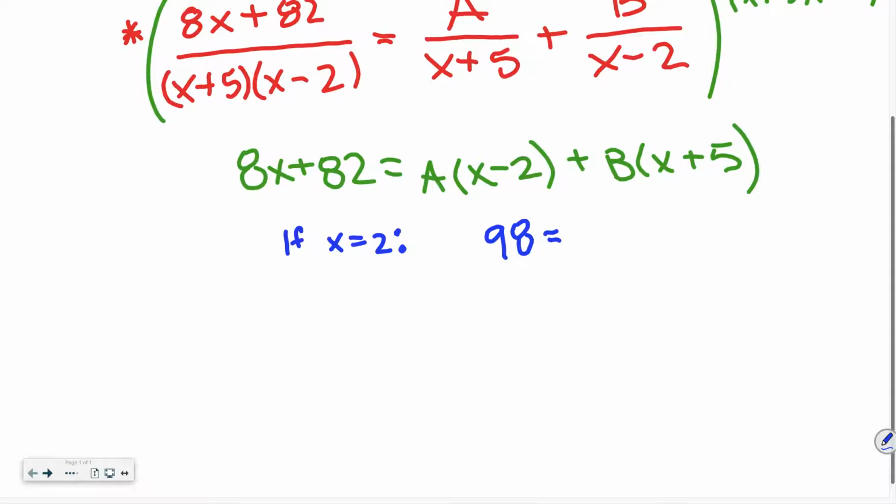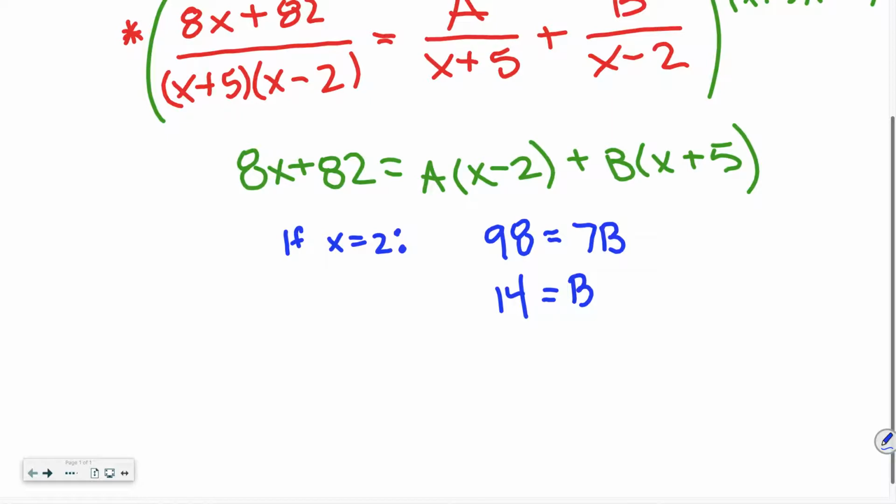What's a times 0? 0. Equals 7b. What's 98 divided by 7? It's 14.